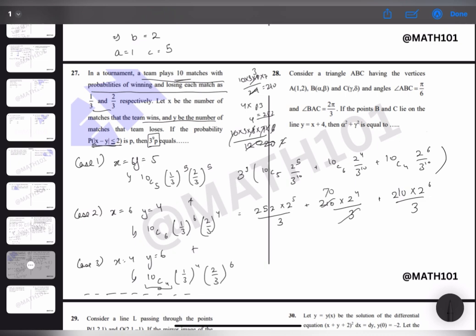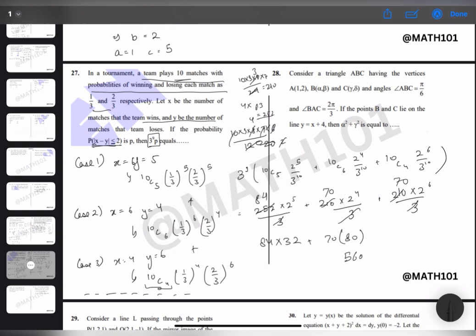This is 70, 70, 84. 84 into 32 plus 70 into 2 to the power 6 plus 2 to the 4 is 1680. 70 gets common from both of these, so we are left with 2 to the power 4 plus 2 to the power of 6. 2 to the power of 6 is 64 plus 2 to the power 4 is 16, which is 80. 64 plus 16, 80.